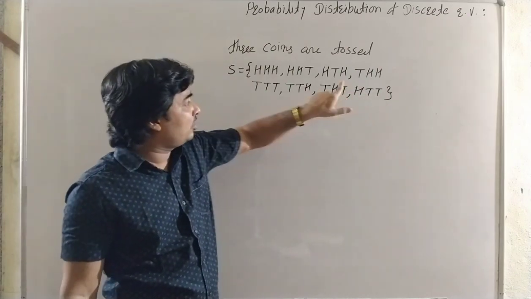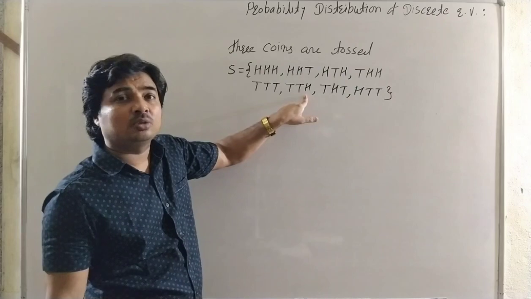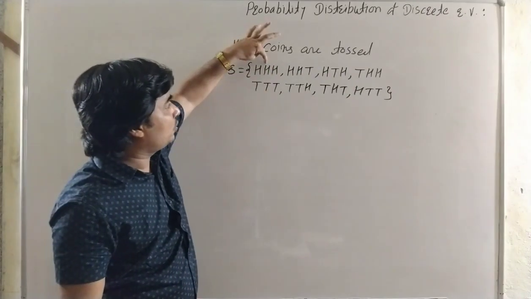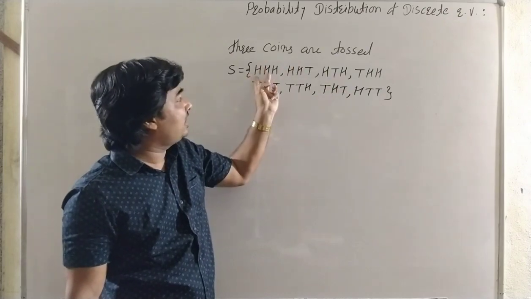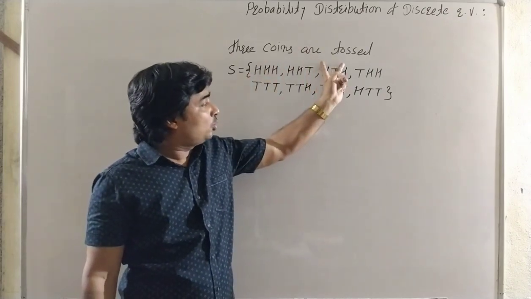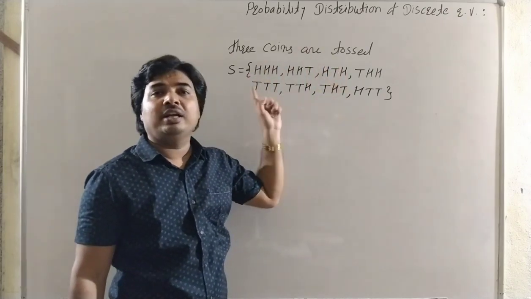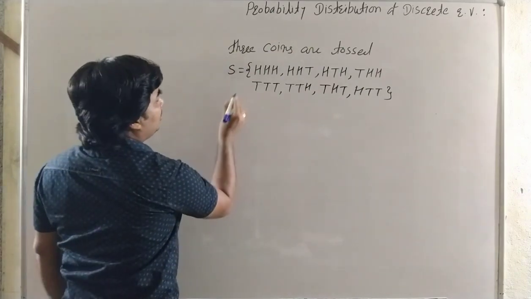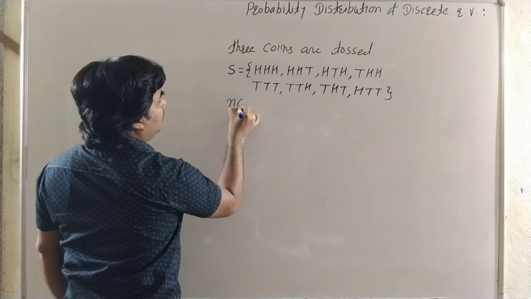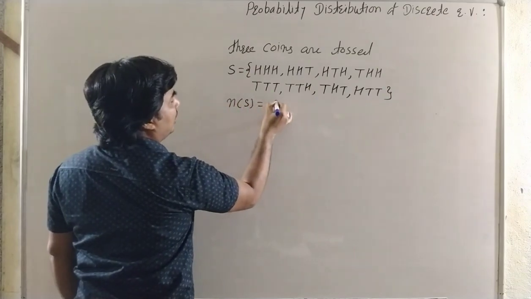Head on the first coin, head on the second coin, head on the third coin, and there is no head. It is 3 heads, 2 heads, 1 head, and 0 heads. These are the 8 possibilities when 3 coins are tossed. The number of outcomes is equal to 8.